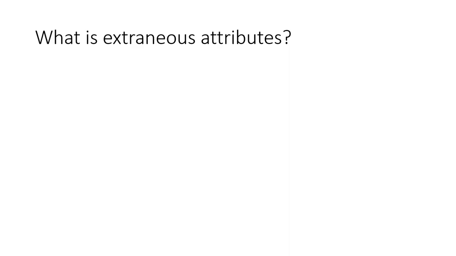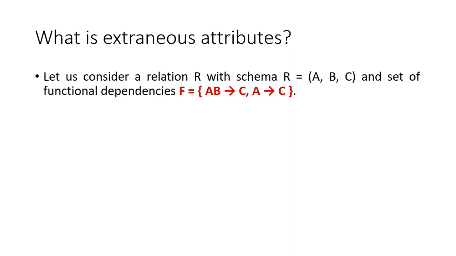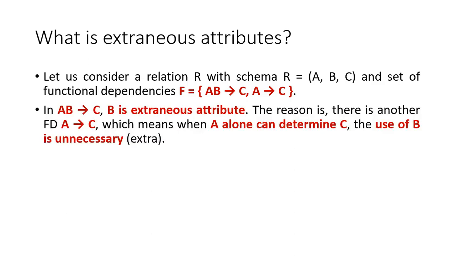What is an extraneous attribute? Let us consider a relation R with schema R having the attributes A, B, C and a set of functional dependencies AB determines C and A determines C. In the given set of dependencies, AB determines C. Here we can say that B is an extraneous attribute.